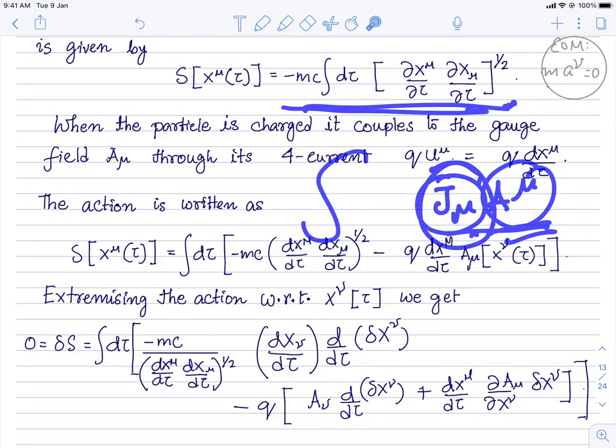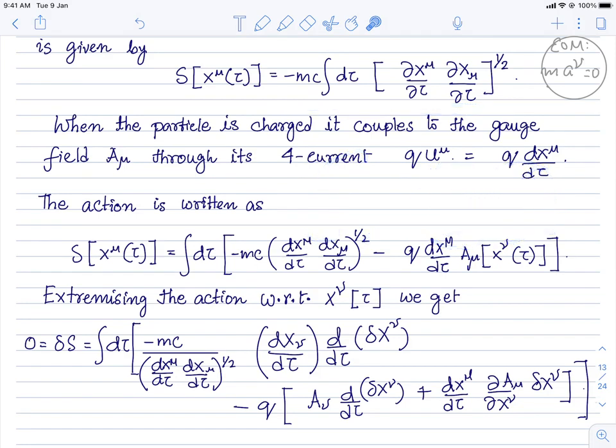So if you take the J mu and write it in terms of a current, and do the spatial integration, then you see this q times u mu is the corresponding current. This we have discussed. It's a covariant current.